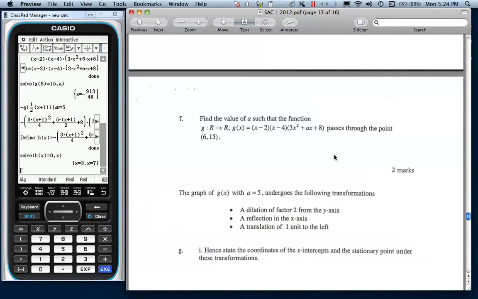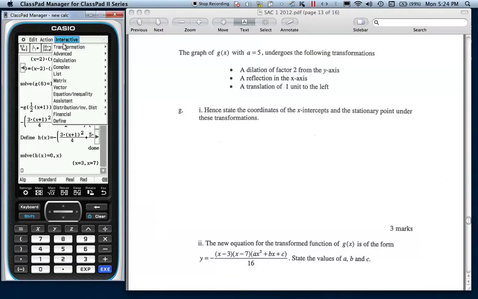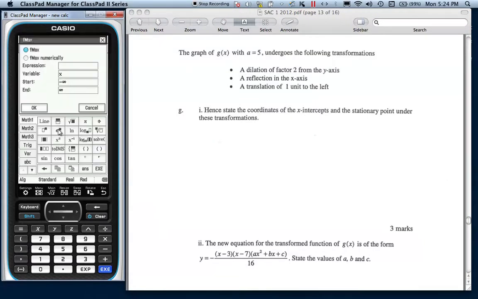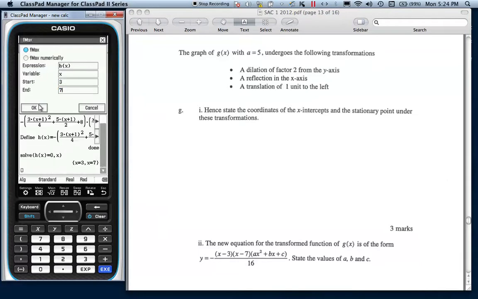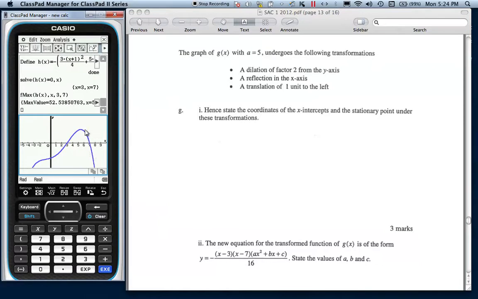So you could intuitively suggest that we're going to go with fMax of h of x between those x-intercepts 3 and 7 and get a result. So you get a y value of 52.53, but we could also sketch the graph, and if you look at the graph, that's what it looks like.